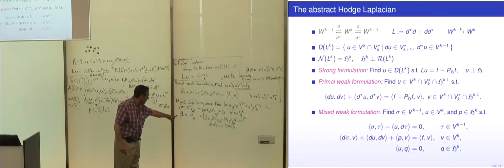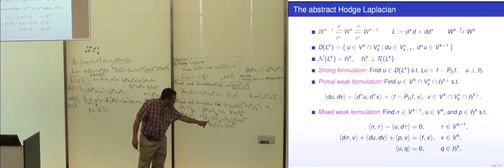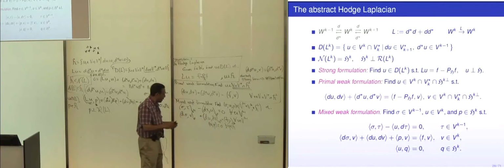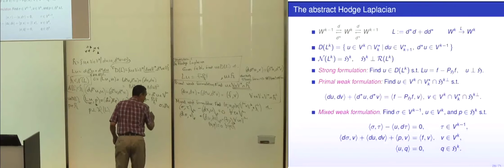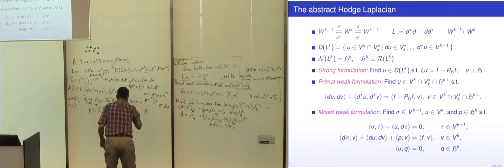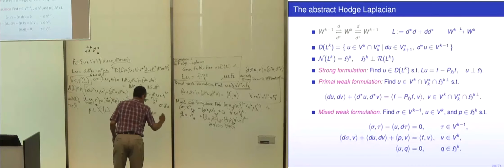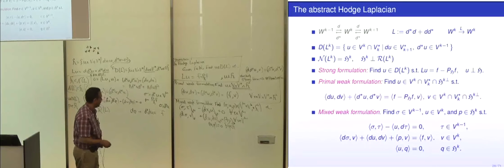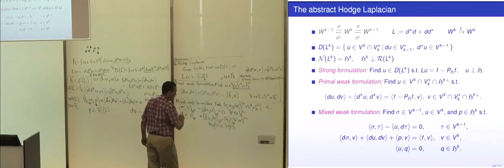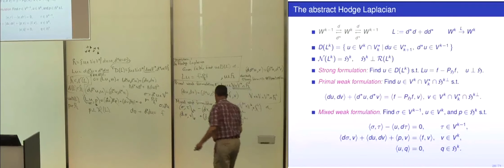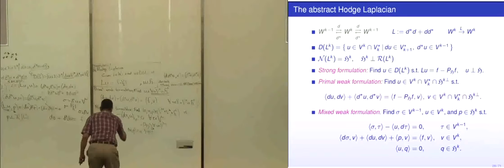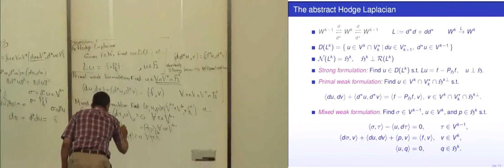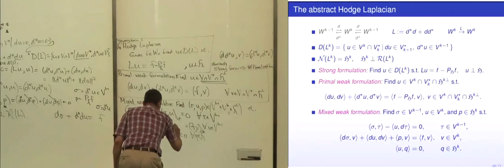The second line says that d sigma, and now this term, as long as du is in the domain of d star, this would be d star du. So the second line says d star d sigma plus d star du is equal to f, and that actually shows I made a mistake because that's not possible. It should be f minus P_H f. So I have to add one more term here, which is (p, v). So here I should have written du, dv plus (p, v).